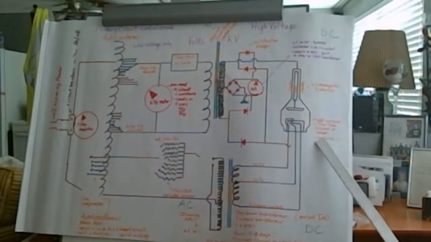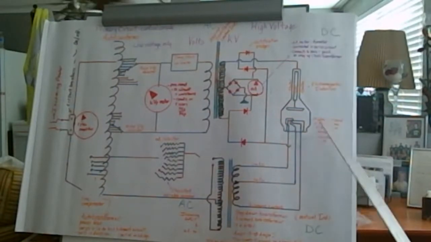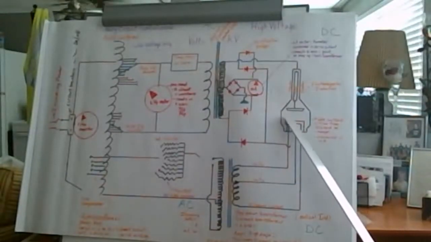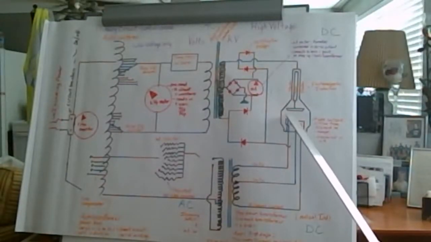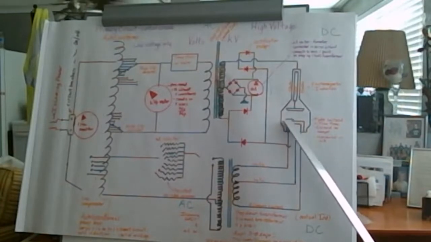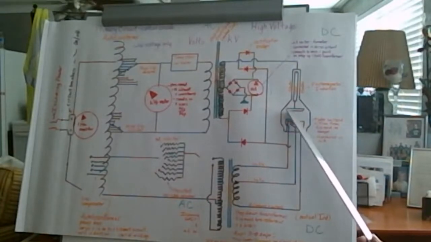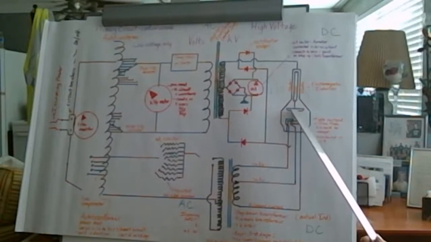Now, tube current is different. Okay, tube current is those actual projectile electrons that were boiled off and their flow from cathode to anode. That's actually our tube current.